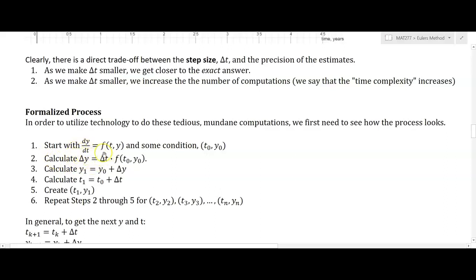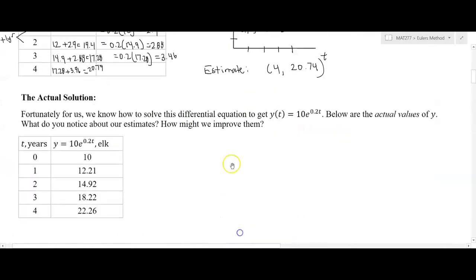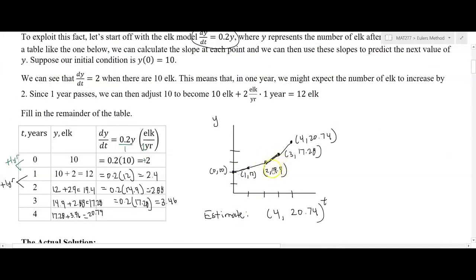For a time step of 1, remember delta t was 1, so all we had to do was calculate the slope. But if our time step is half, then we need to scale the change per 1 unit time by whatever our change in time is. And then now we calculate the new y value. So visually speaking, the y value of that next ordered pair, we got that 14.4 by taking the current y and adding the change in y to it.